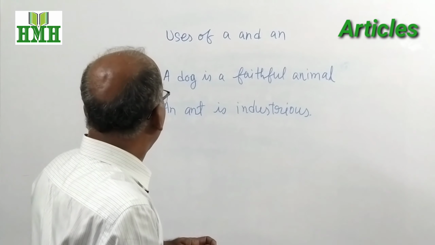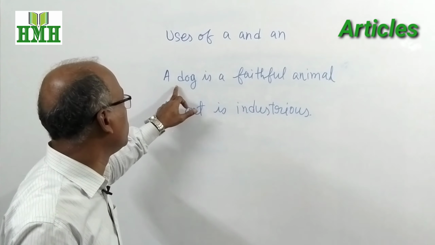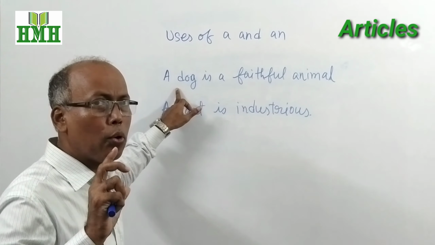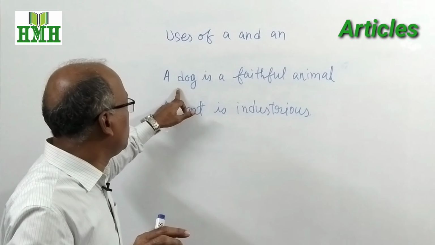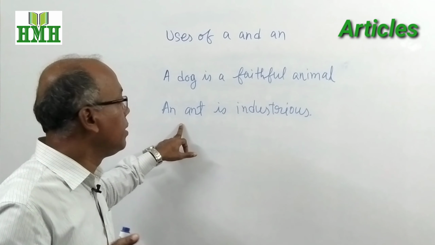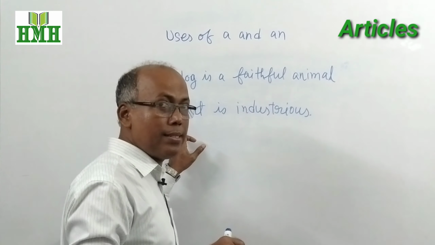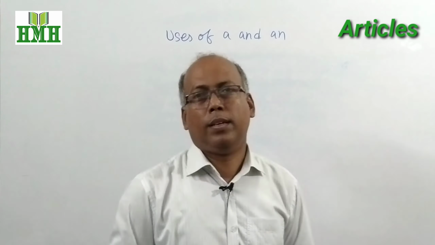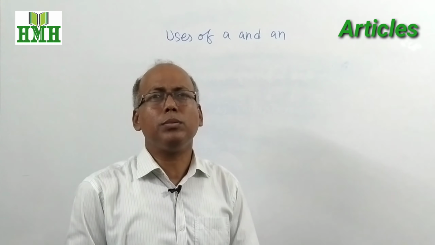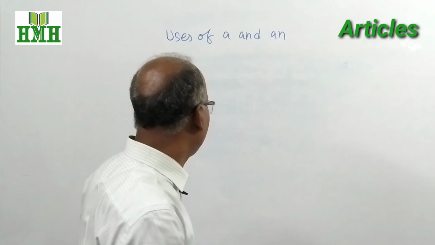Here a or an is used before a singular common noun, a dog, an ant, but it represents the whole group. Here a and an are called generalizing a or an. A or an is used before a singular common noun to mean this same or a certain.